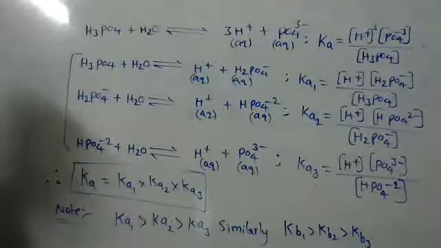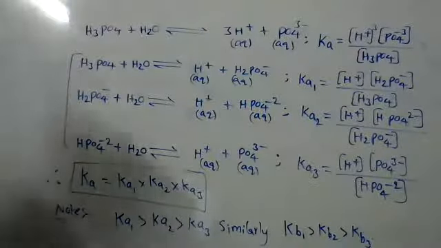Completed? One second. Why is this inequality so, like Ka1 greater than Ka2 greater than Ka3? Why is this the trend? Okay, I will explain now theoretically. This is a frequently asked question.